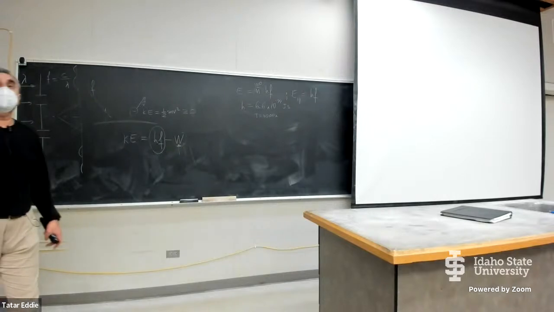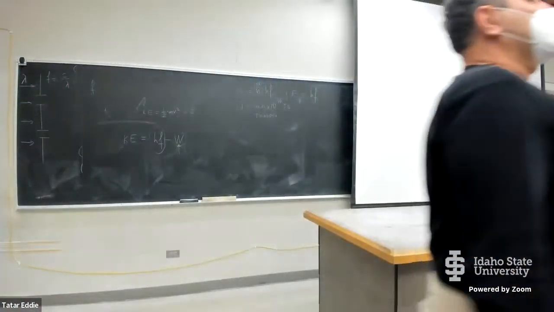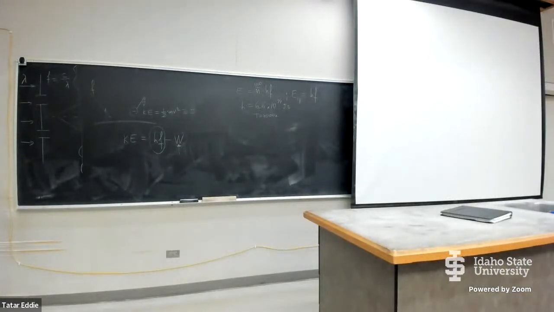Okay, any remarks, any issues about black body or, yeah? So when you're talking about frequency, again, you're talking about the constant c divided by the wavelength of the light. Yes. So frequency and wavelength are pretty much the same.